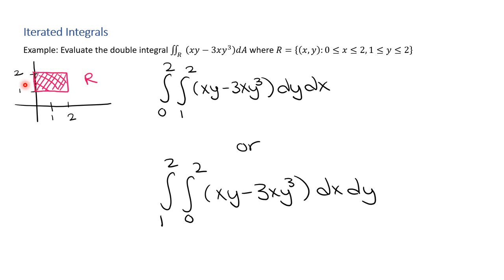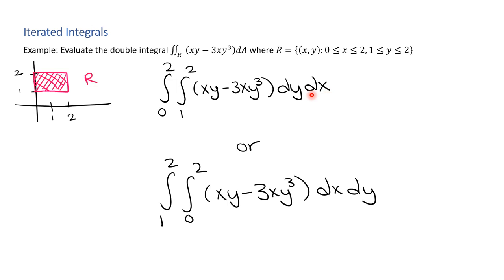And we can set this problem up in 2 ways. We can integrate the function with respect to y first. Notice that if you put the dy first, then the bounds on this inside integral are going to be your y values, which go from 1 to 2.